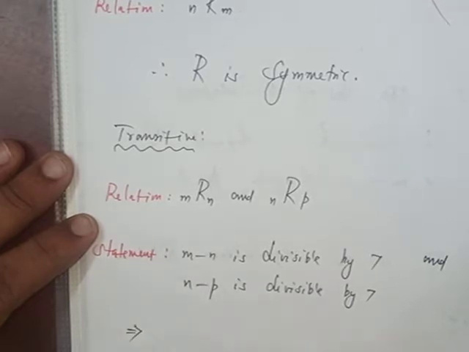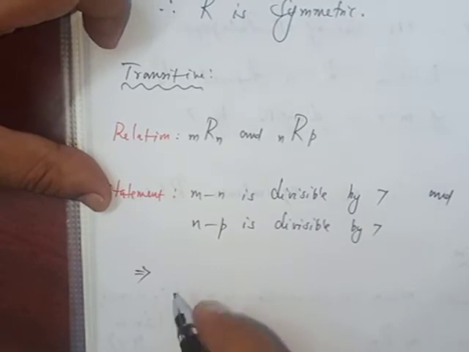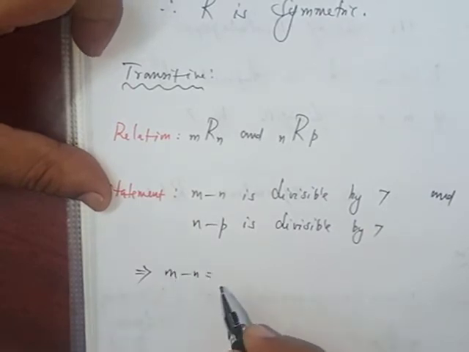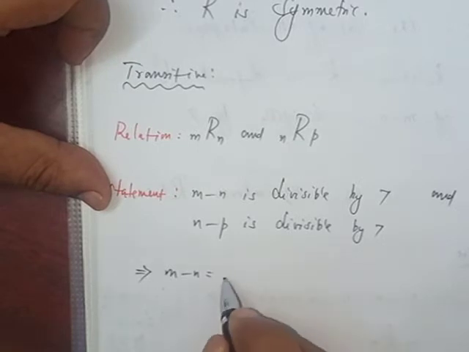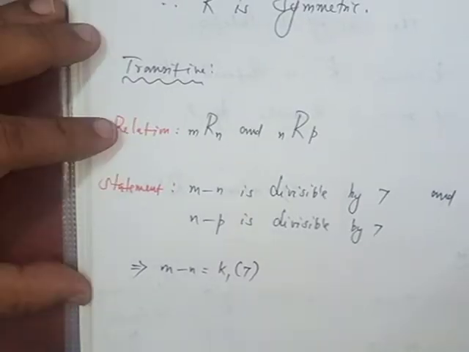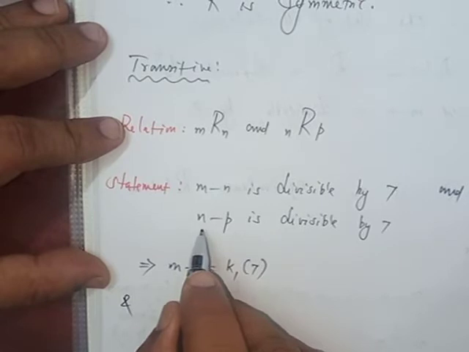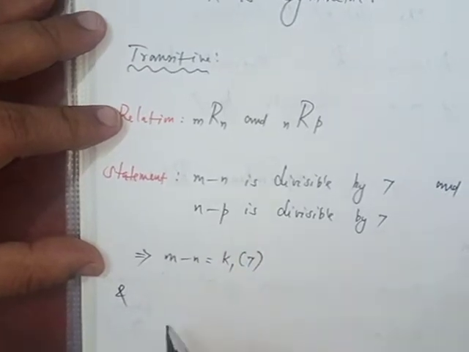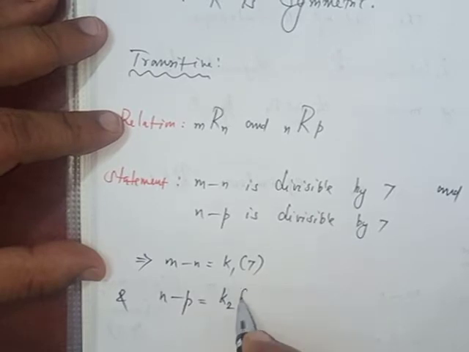Which implies, m minus n is divisible by 7 means m minus n should be a multiple of 7, that means k1 times 7. And n minus p is divisible by 7 means n minus p is equal to some constant k2 times 7.